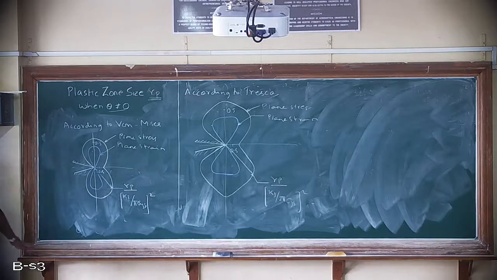So here you can take a note. The Tresca zones are slightly larger and are of slightly different shape than the von Mises criteria.